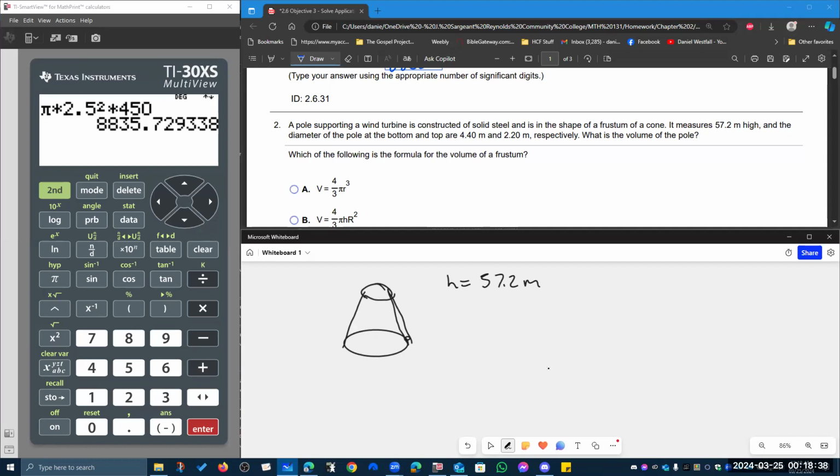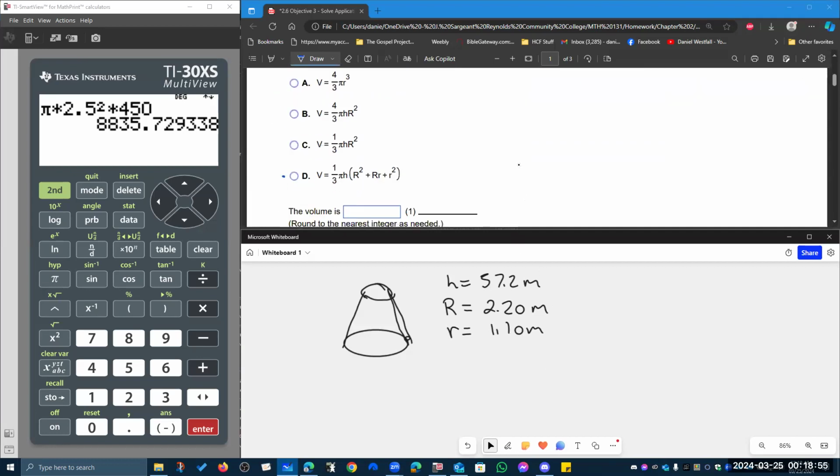a diameter of the pole at the bottom of 4.40 meters. That means my big radius at the bottom is 2.20 meters, and my little radius at the top is going to be 1.10 meters. What is the volume of the pole? That's the correct formula there.